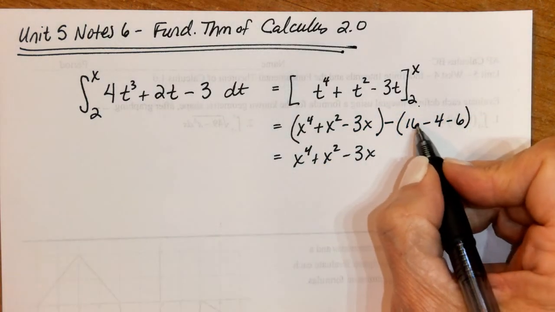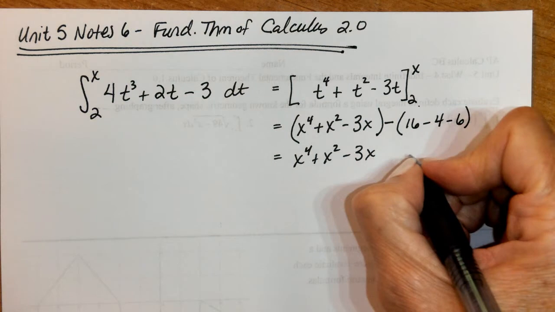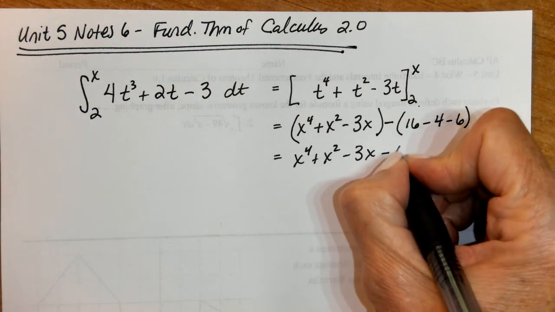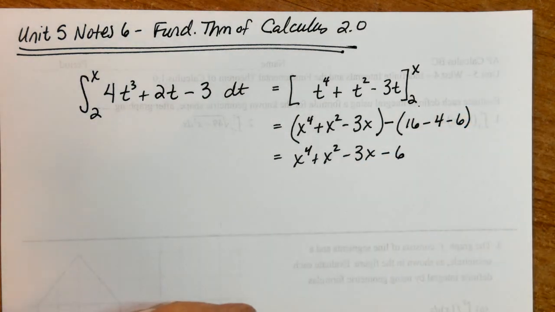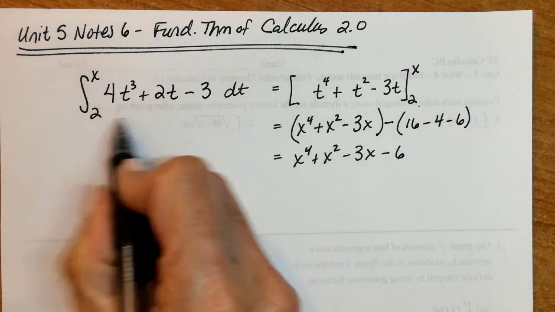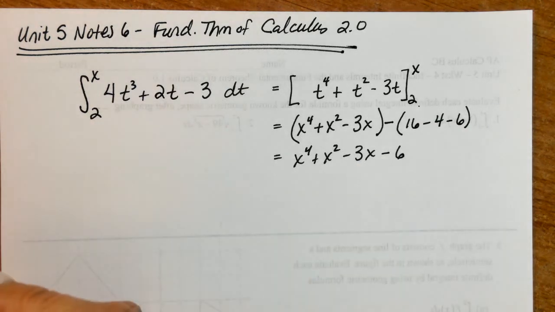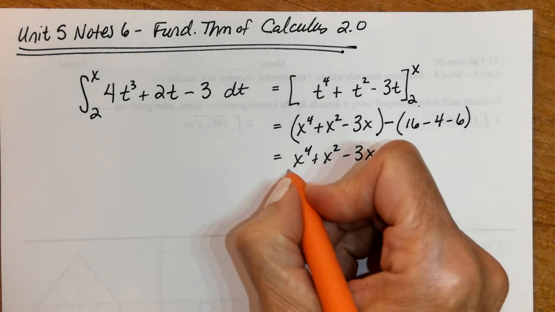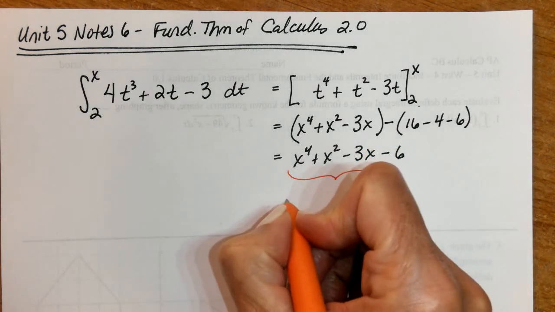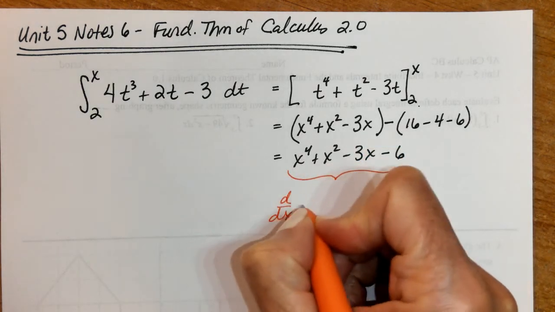Let's see, we have 16 minus 10 is 6, so we'll have minus 6. Okay? So this definite integral yielded this, right? Now I'd like to come in to my answer here, and I want to take the derivative of that with respect to x.